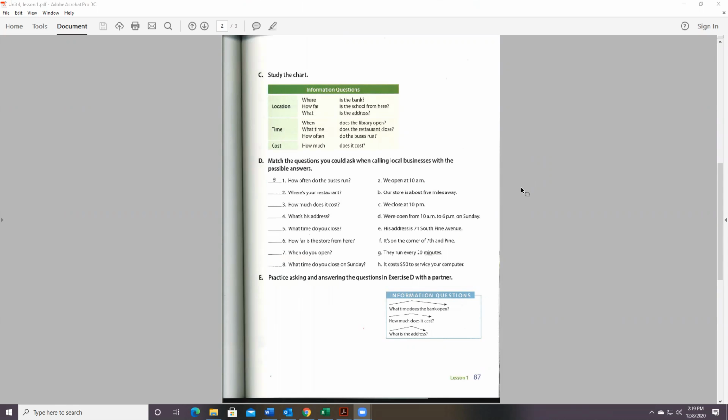Okay, so now we have information questions. ¿Cómo hacer las preguntas? Okay, so when we talk about location, como estamos hablando de locación, we use words like where, donde, how far, qué lejos, or what, qué or cuál.